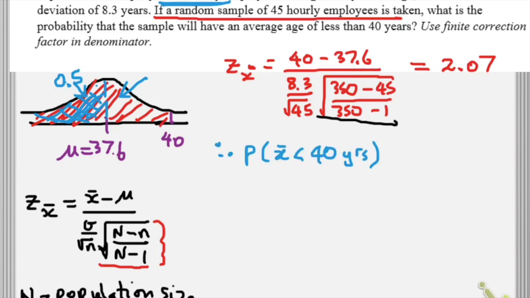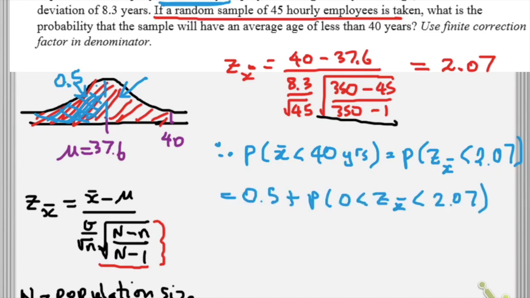And then we can calculate the probability that the average age of a sample size of 45 employees will be less than 40 years of age, which will become a z-score problem. That's a probability that the z-score is less than 2.07. And then from what we showed before in our picture, all we're going to be doing is adding 0.5 to the area between the mean and age 40.